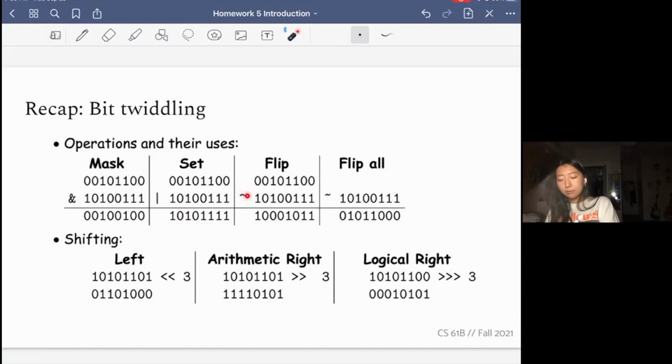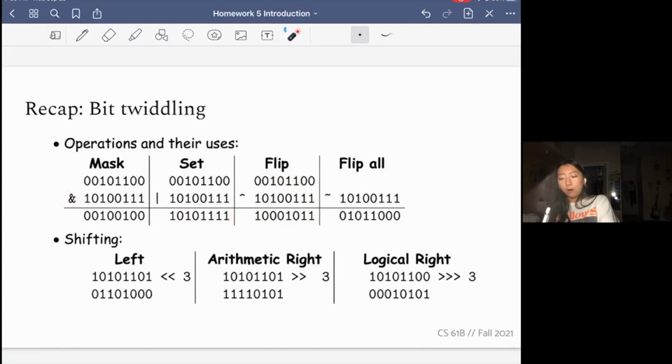Then we have this flip. You can also think of it as they must be different. And so here 1 and 0 is 1, so it's a 1 here. Whereas in both of these columns, they're both the same, right? It's 0 0 and 1 1, so these actually turn out as 0. And so flip is looking for difference.